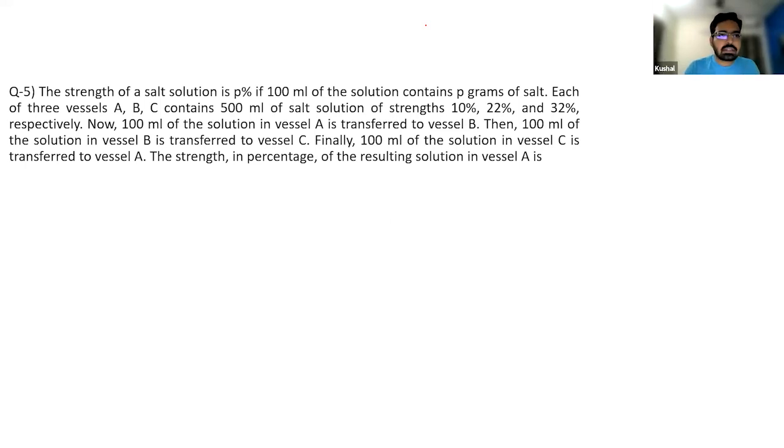Take a minute more to solve this. Last 20.